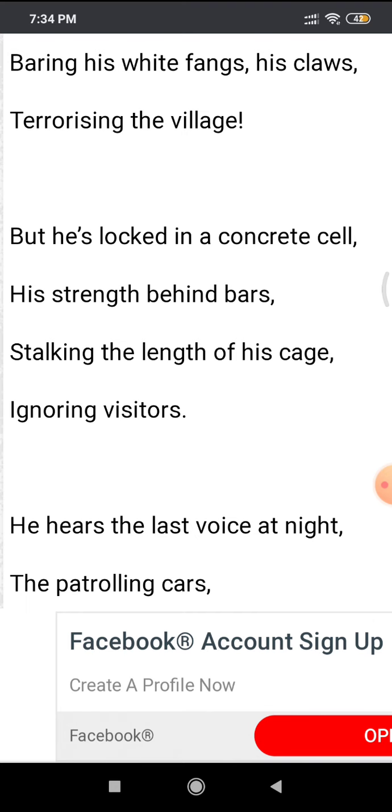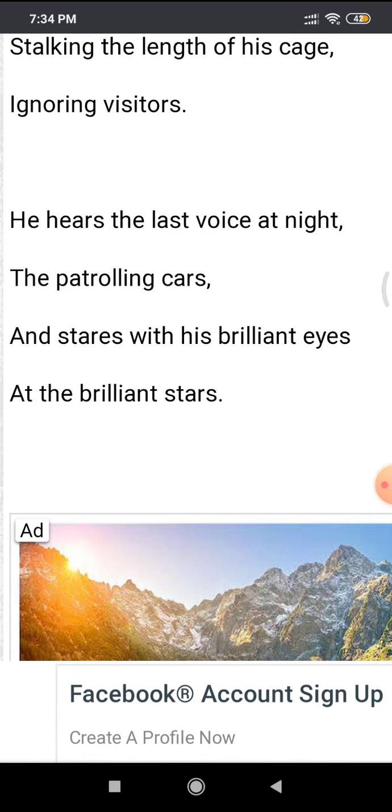So last stanza. He hears the last voice at night, the patrolling cars, and stares with his brilliant eyes at the brilliant stars. So, due to the visitors, the tiger gets no rest during the day. Even at night, he remains disturbed because of the noise that comes from the patrolling car.